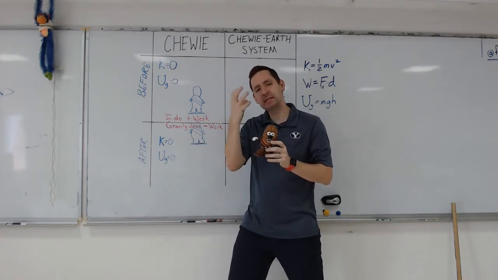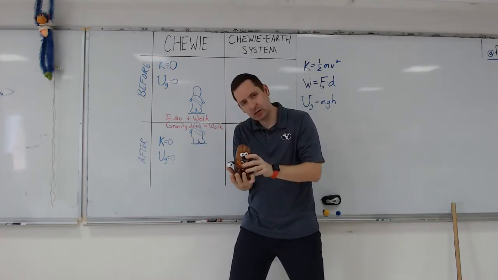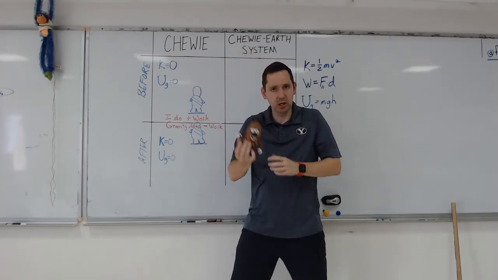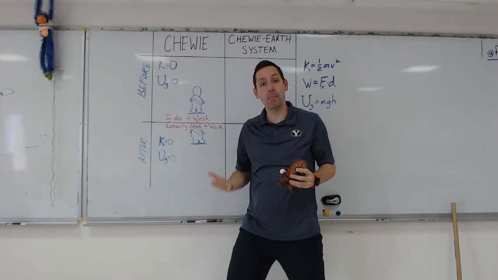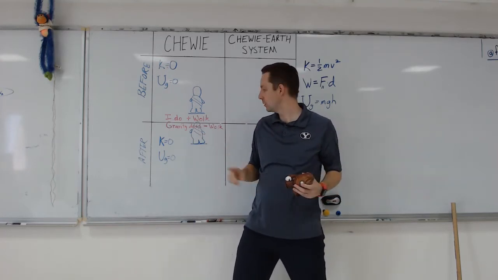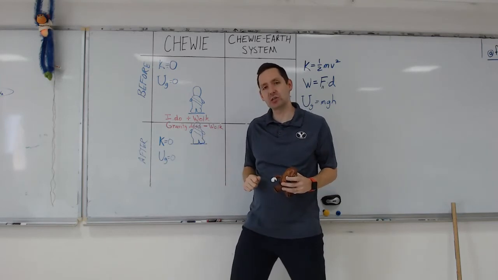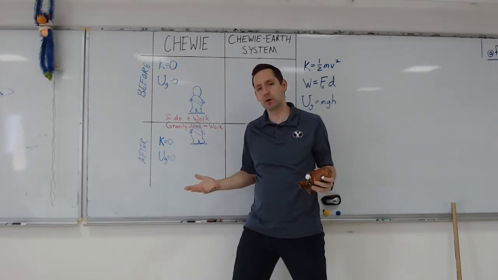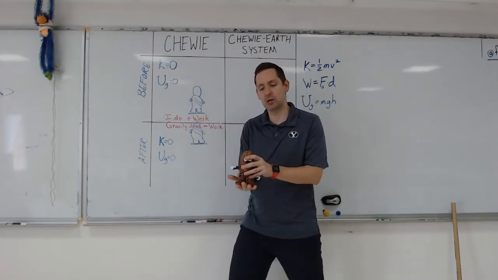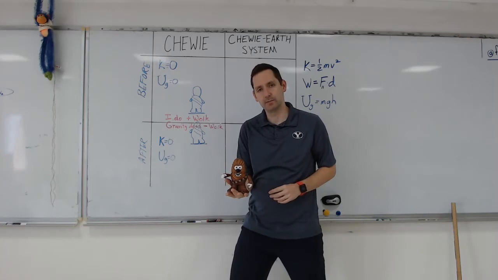Gravity does negative work because gravity's pulling in the opposite direction of the motion. So when you put these two things together, my positive work and gravity's negative work, that means the energy doesn't change. Has the same energy it had before. Which makes sense according to the way that we're looking at it right now. Just the kinetic energy of Chewie.